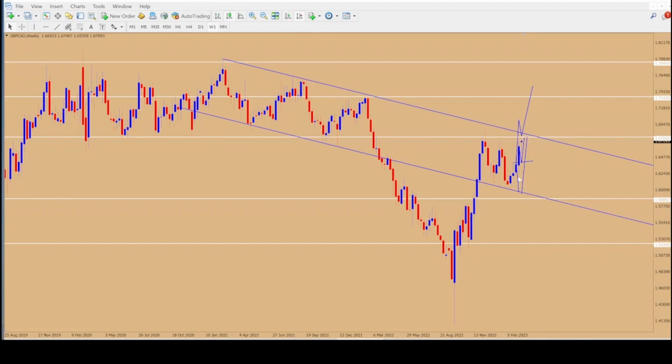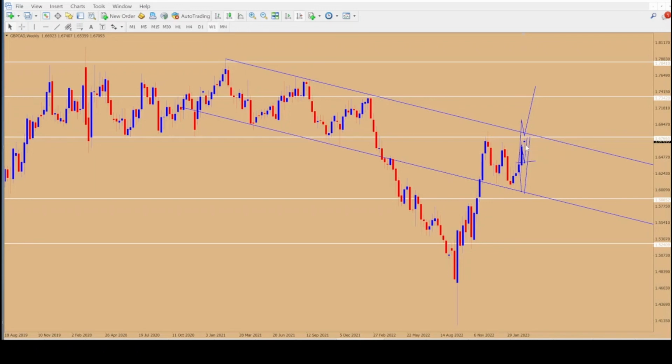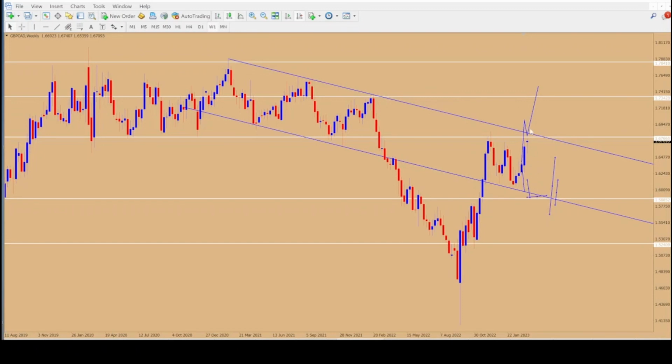Well, what I would expect right now is that the market comes into this diagonal support. Let me do some clearing first. If the market comes into this diagonal support, I would expect it to close below the diagonal support and the horizontal, did I say support?